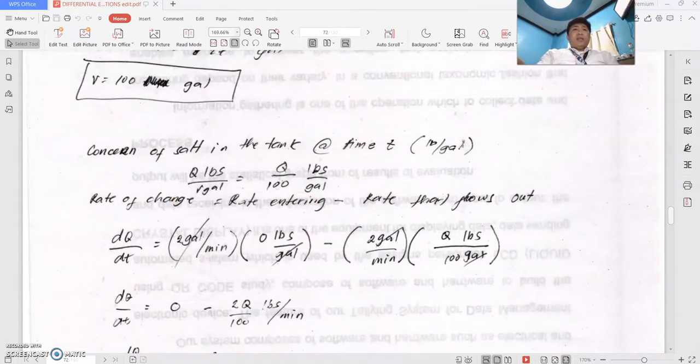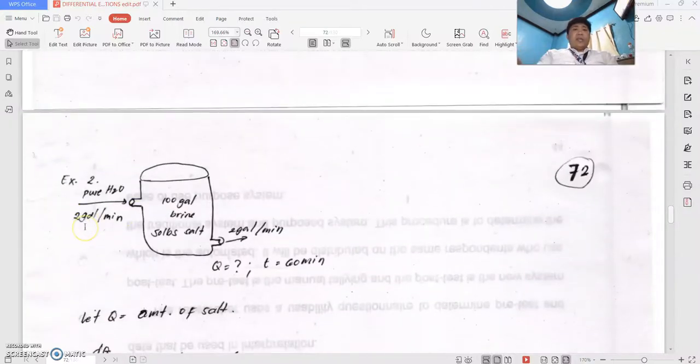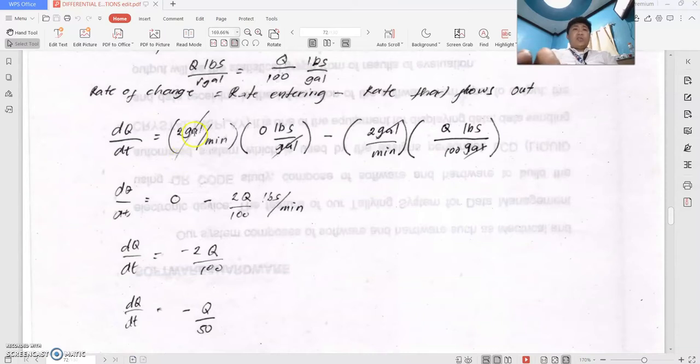So, from here, remember na asya 2 gallons per minute and 2 gallons per minute na gawas. So, nakoy question. Nga, sir, why it becomes 0 pounds per gallon? Kini kay ning enter pa man eh, di ba? Mani rate of change sa pagsud pa man eh. Kato volume naman to within the tank.